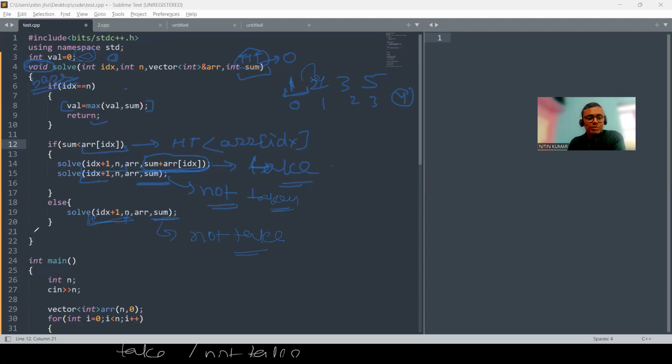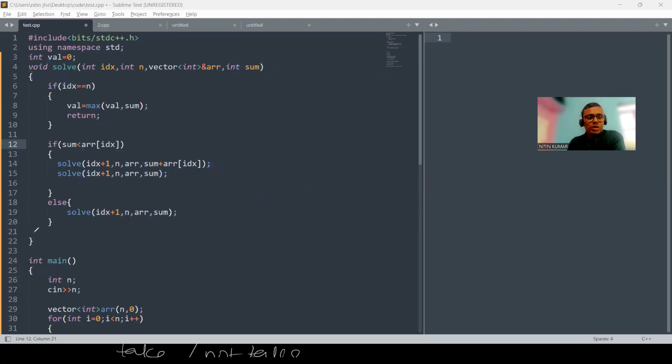Let me erase this, this is not working clearly. So this is the value that I have assigned here. And in that value, I have assigned the sum that I currently have by reaching the bottom. And I have assigned the maximum value to my val variable.